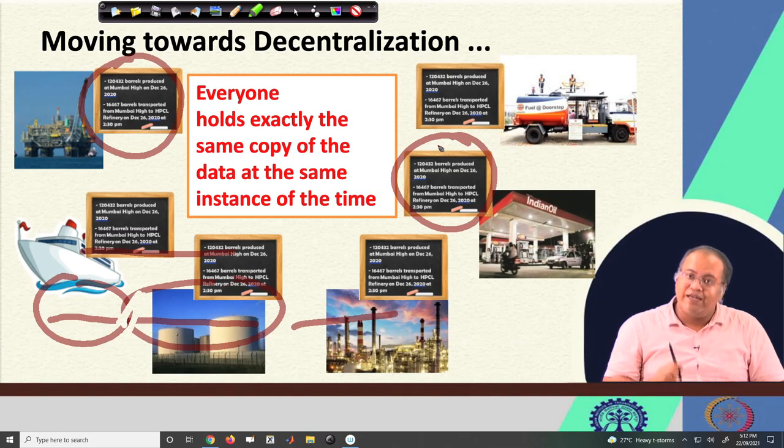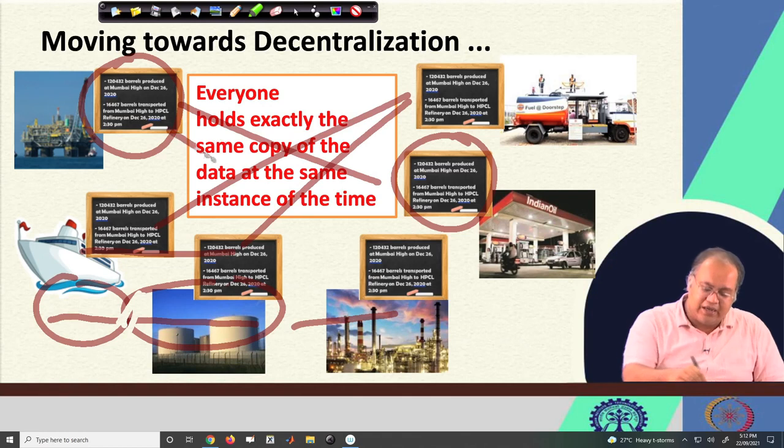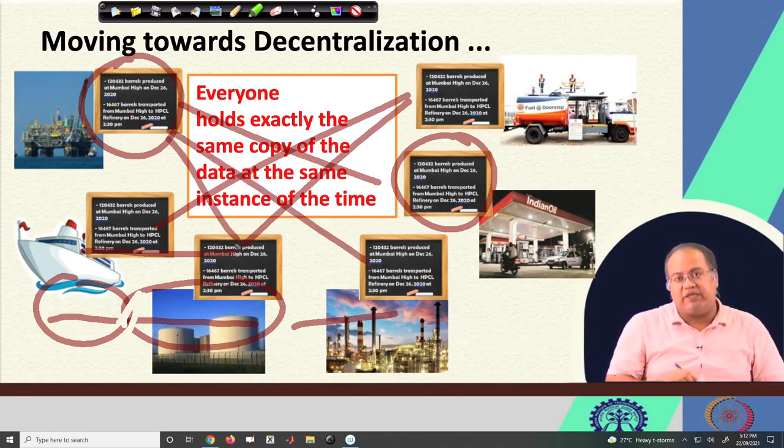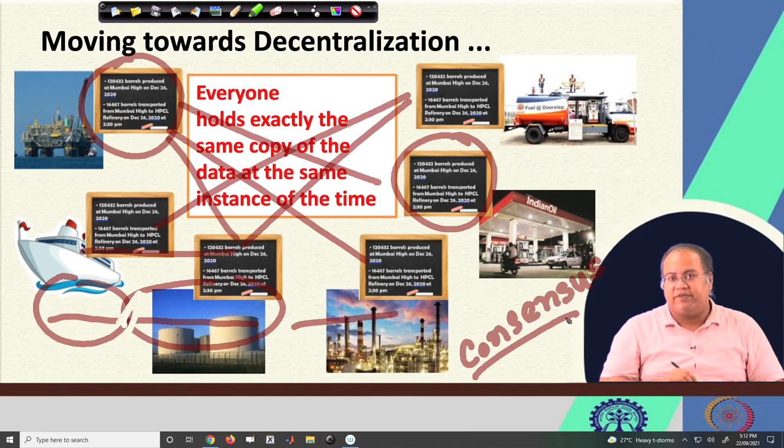This is the specific requirement I have. We will see that there is an interesting architecture in our classical distributed systems literature through which we can solve this. This is called the distributed consensus problem. Later on we are going to see what consensus means.